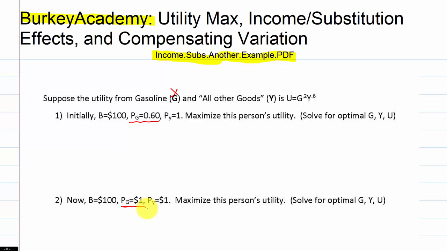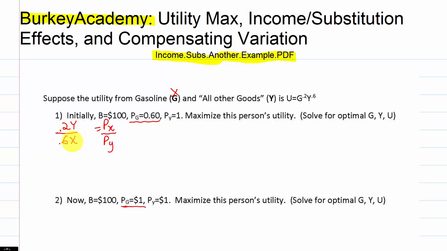I'm going to use the method where the marginal rate of substitution equals the ratio of the prices. So the price of X, which is gasoline in this case, and the price of the Y good. When we fill in using our shortcut method for Cobb-Douglas utility functions, we get that the marginal rate of substitution is 0.2y divided by 0.6x.